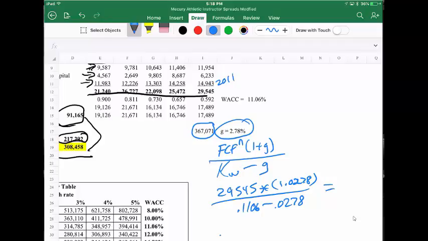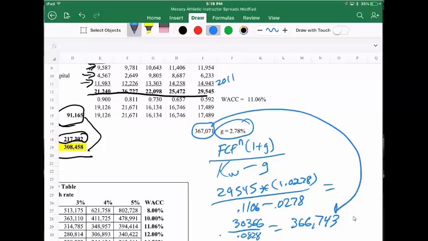If you do the math, it comes out to 30,366 divided by 0.0828, and the final answer is 366,743. Now, I realize that's different from the answer that the author put in, and the best I can tell is that it has to be a rounding error that the author of the case didn't describe.